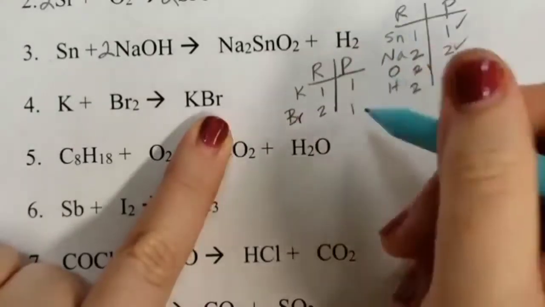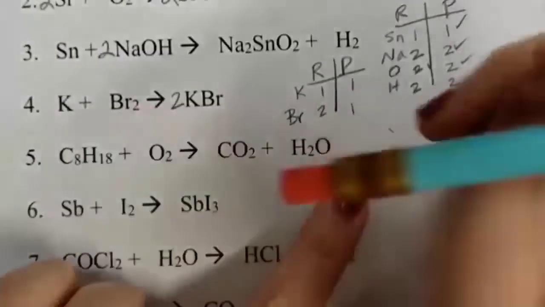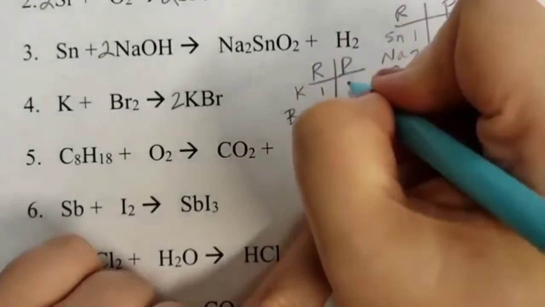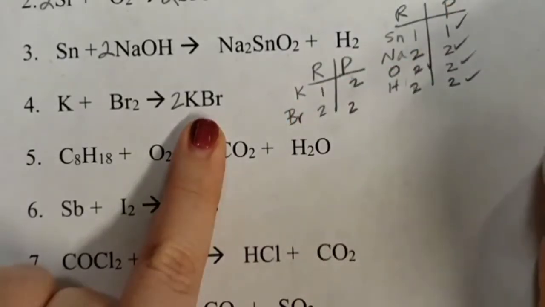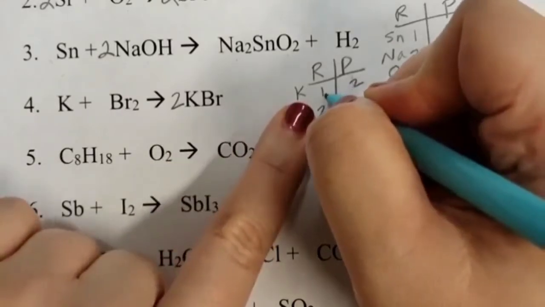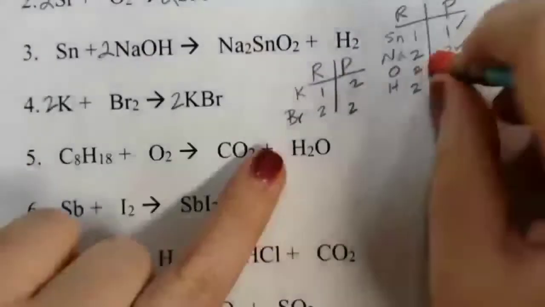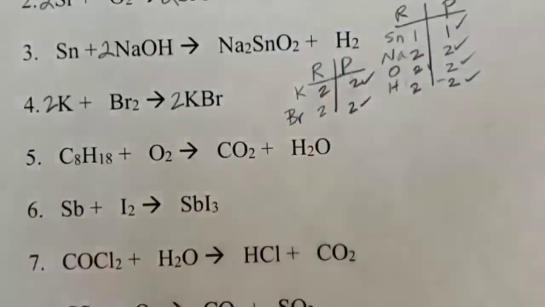Let's multiply this side by 2, which means now we have 2 bromines, but we also have 2 potassiums. So that means we have to fix this number over here, by multiplying this one times 2. That would make this times 2, and even. Done.